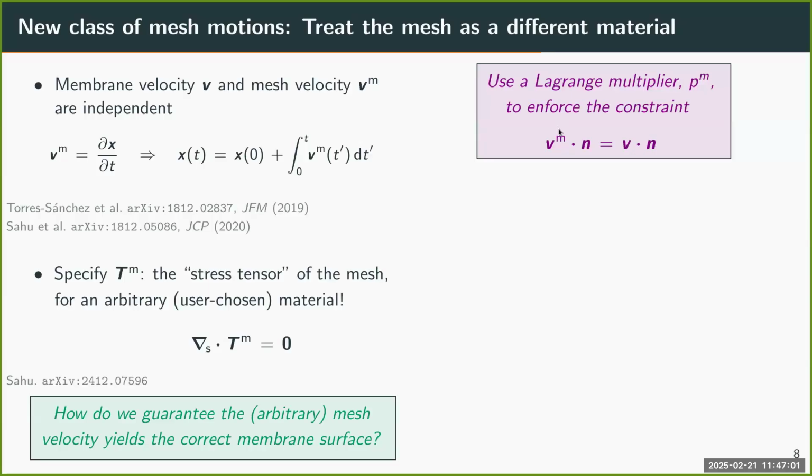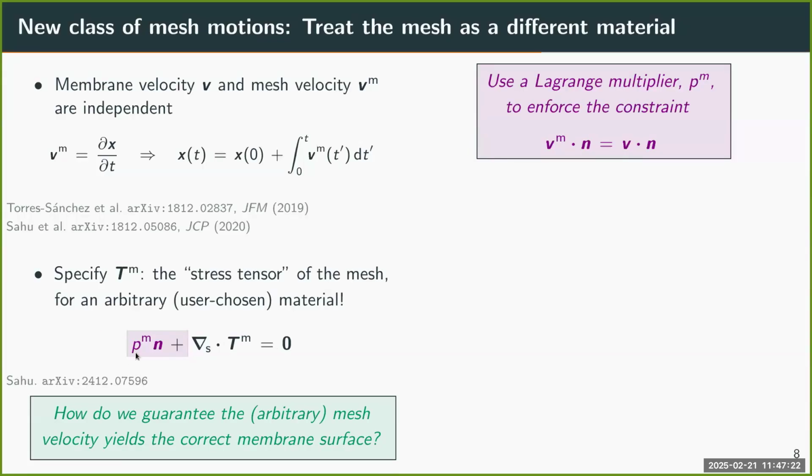And we enforce this constraint with the Lagrange multiplier, which is also entirely fictitious. It's just something that enforces this constraint. And if you go through and see how this affects our entire numerical method, it enters into our mesh dynamics as something that looks like a body force term, right?